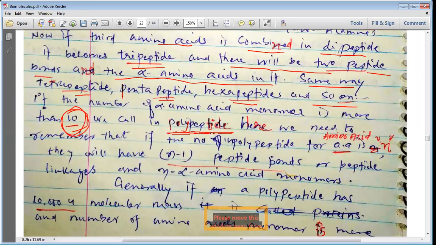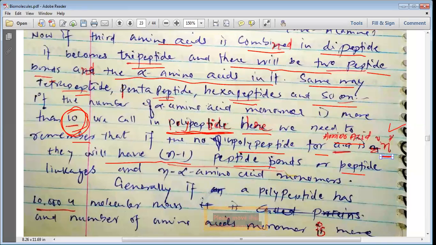So here we need to remember that if the number of monomers of amino acid present in the peptide or protein is n, then there will be n minus 1 peptide bonds present in the polypeptide.